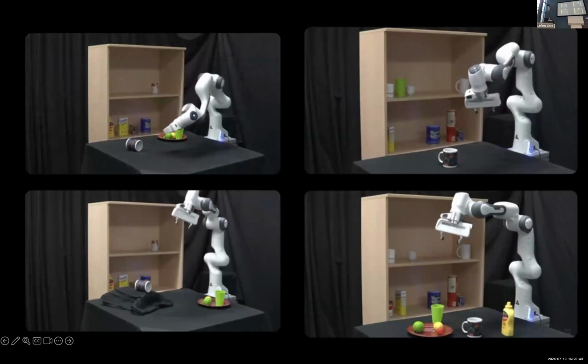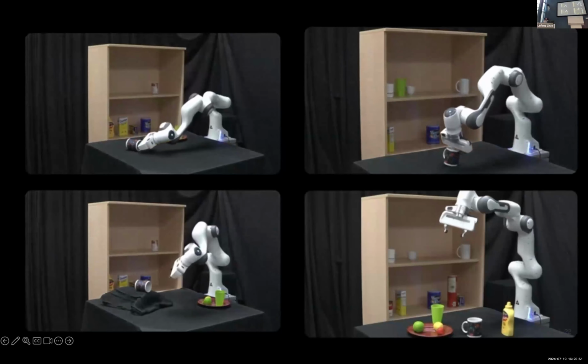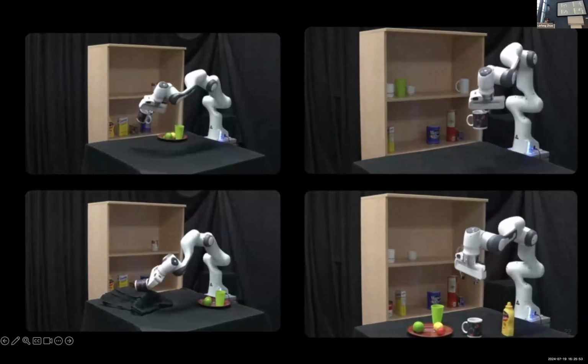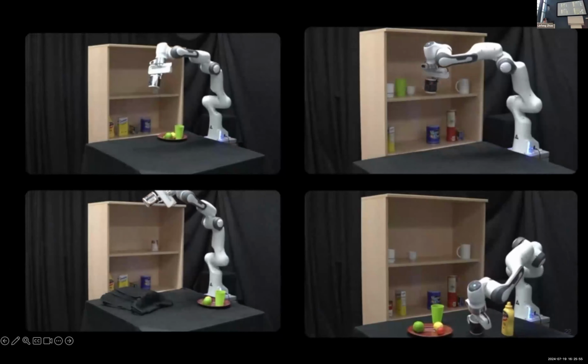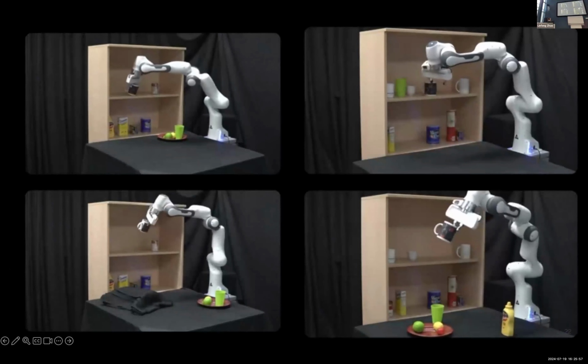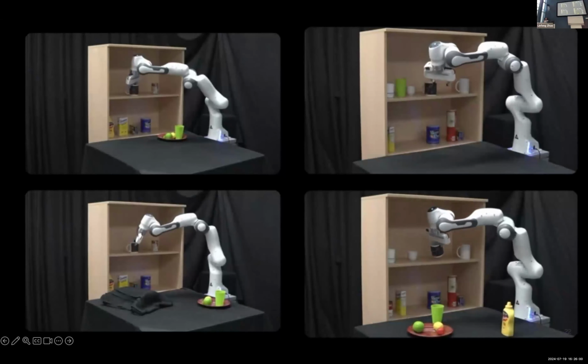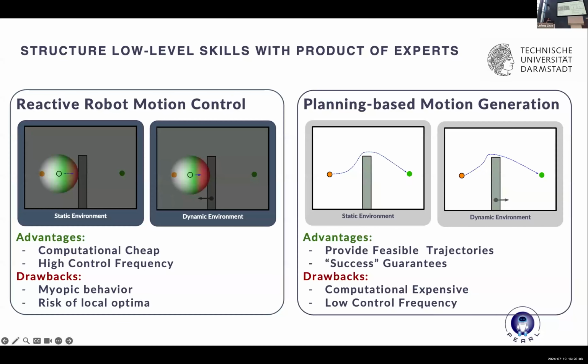And we have also done more challenging tasks like picking these mugs with different configurations while having different obstacles in the scene and trying to place them onto the shelf. Of course, the caveat here is the total planning time, which is, I think, on the range of a second in this case. But this was early work on diffusion, so we haven't tried different methods like DDIM that would be faster later on.